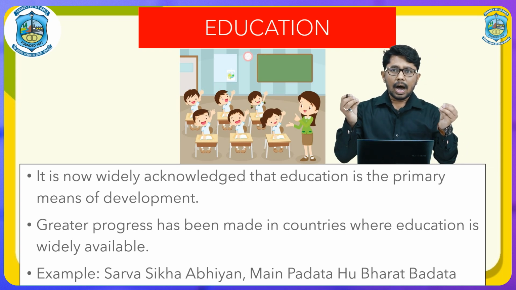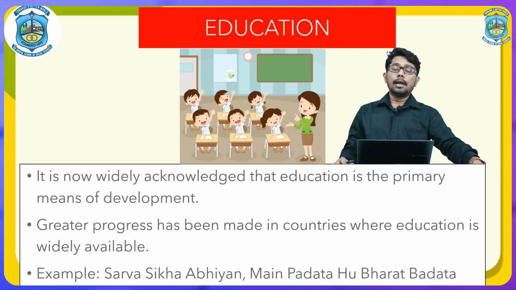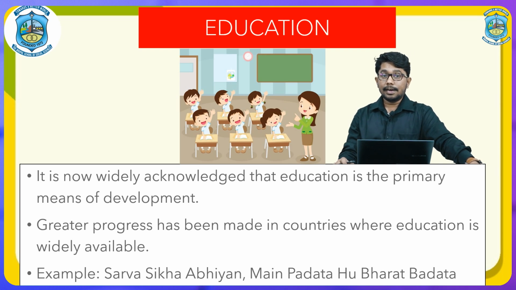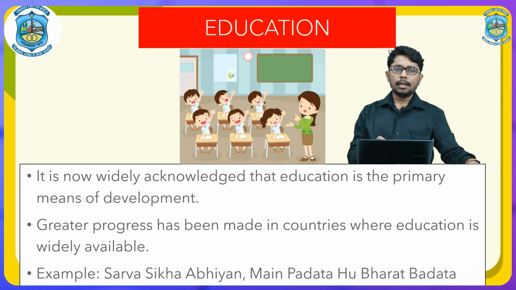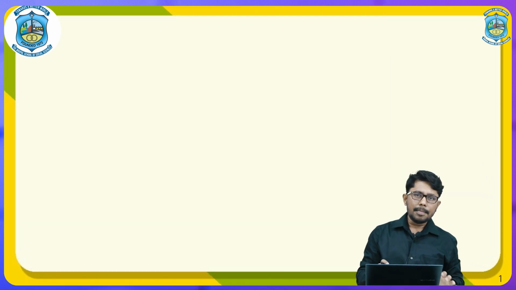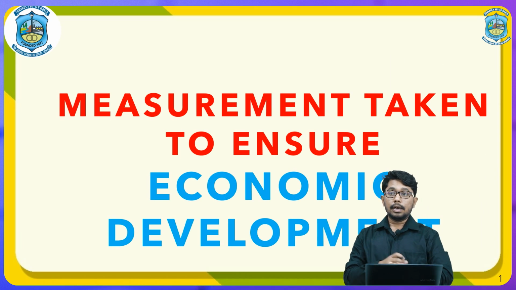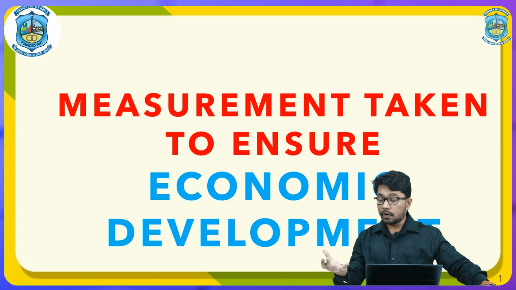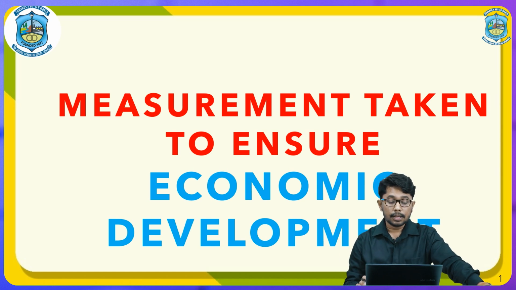They have very high investment in education. They want their children to get a good quality, modern education to compete with the world. An example for the government is Sarv Shiksha Abhiyan, "मैं पढ़ता हूँ भारत बढ़ता है". These kinds of policies are made by the government to enhance the structure of economic development in the state.